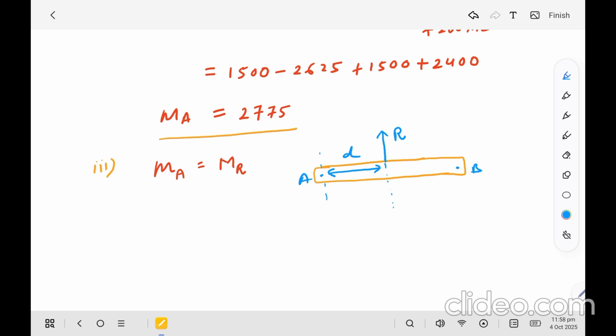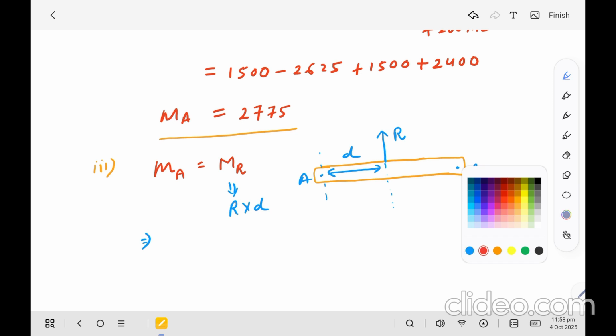Then MR is equal to R into D. So now we can solve.